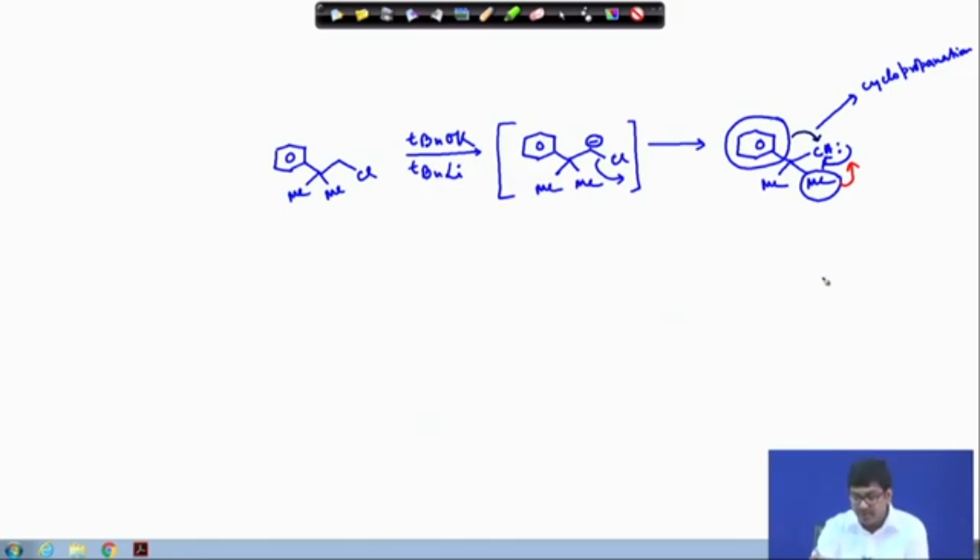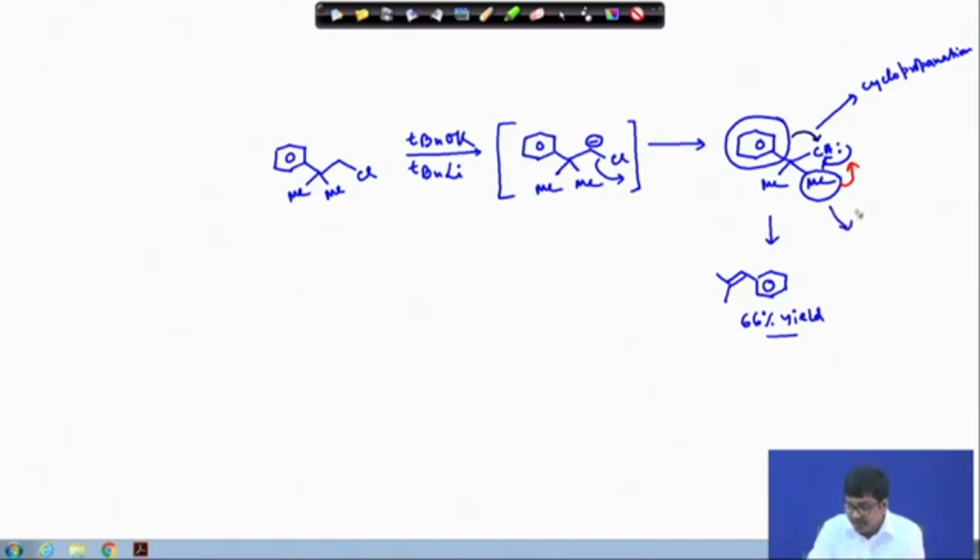Now, if this one migrates, then what will happen? What will be the product? If this phenyl migrates, then the product will be this. And what has been found? This is in 66% yield. That means this is the major product.